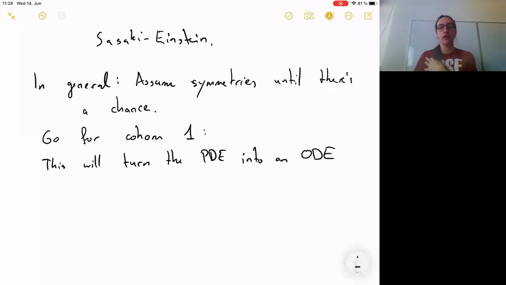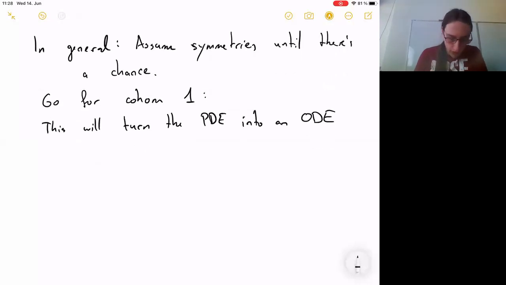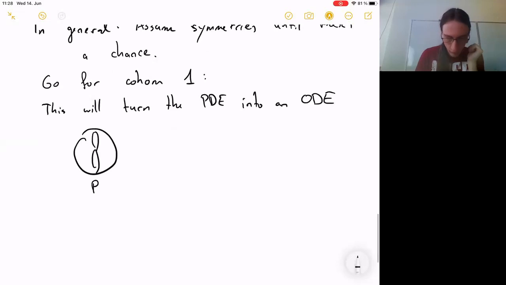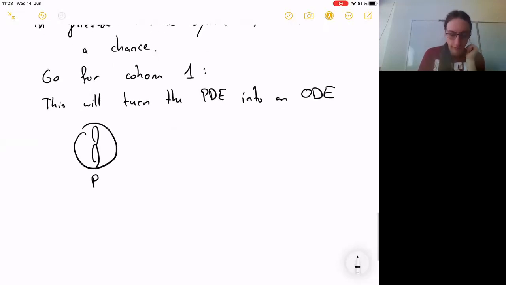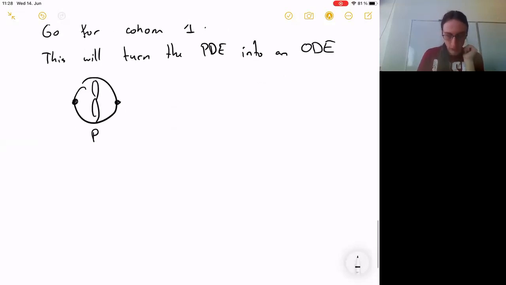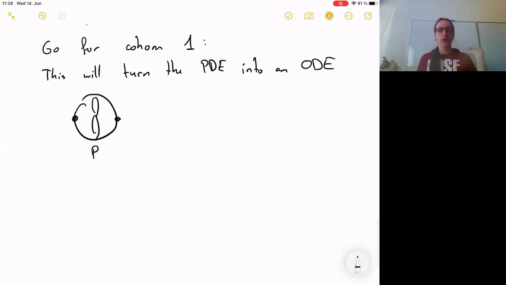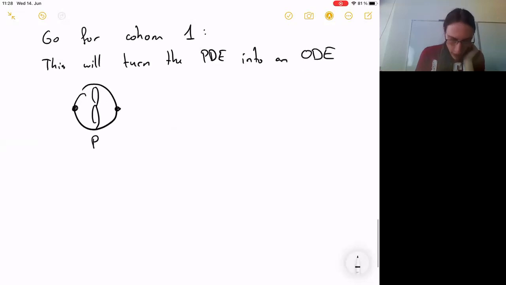So how does cohomogeneity 1 work? You have your sphere, and you have your group action, so there's going to be some principal orbit, and there are going to be two singular orbits, which may or may not be points. It's going to project onto a closed interval.